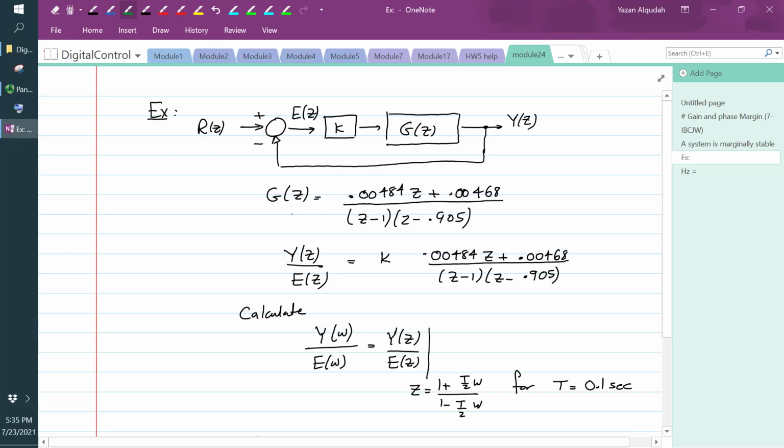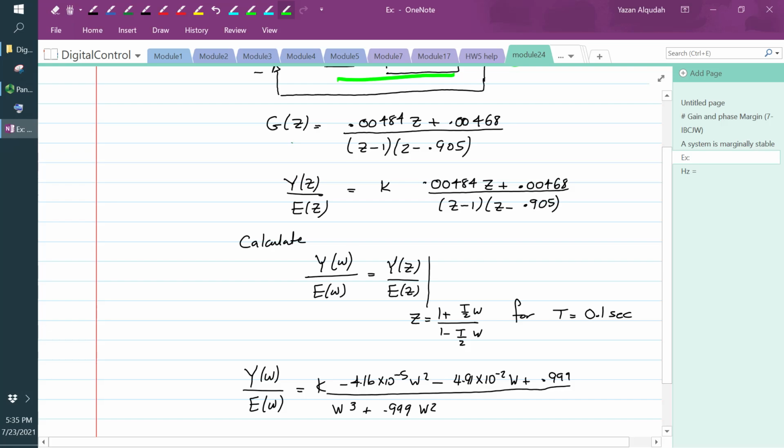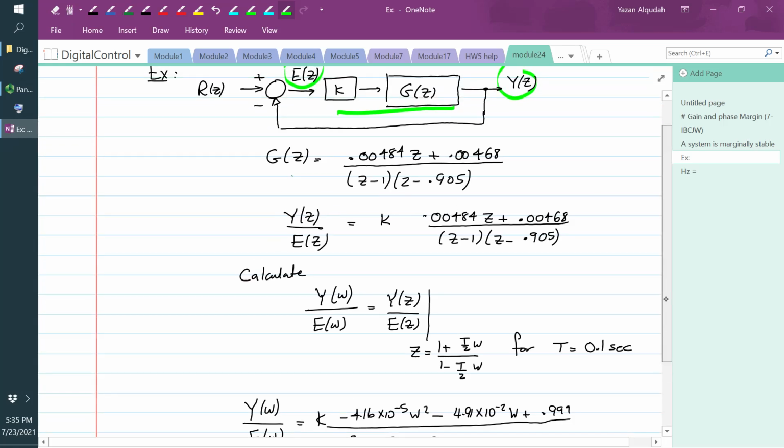So this is the transfer function between E and Y of z, which is this. Okay, so we want to calculate Y of w over E of w. Now this w is not omega, it's w. So therefore, we're going to have to transform from the z plane to the w plane.